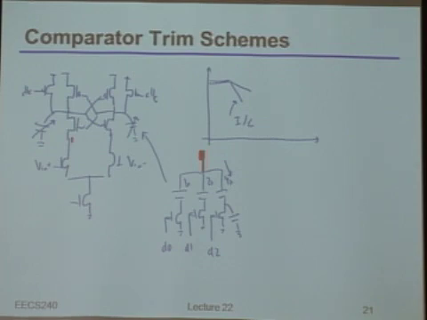Because these two nodes right here are both tanking towards ground, and as you change the drain to source voltage, that will actually change the gm of the devices as well. So it turns out that this offset cancellation trick is not really super linear with the code that you apply.